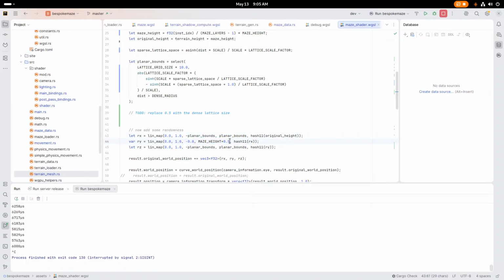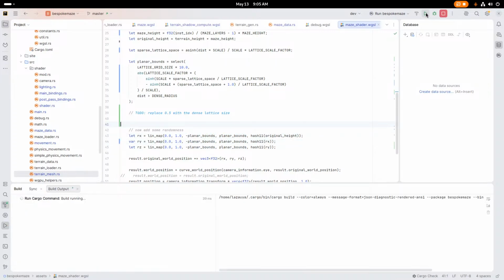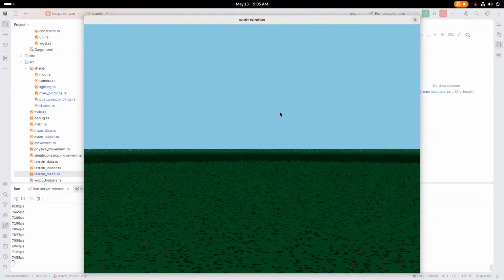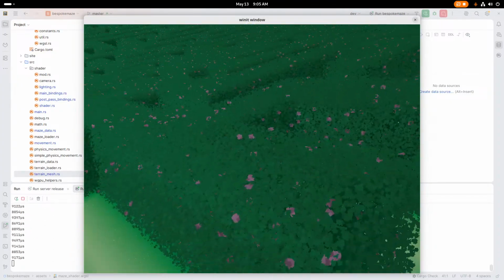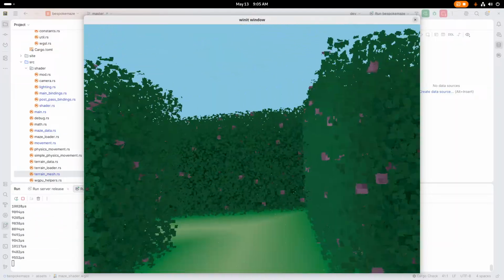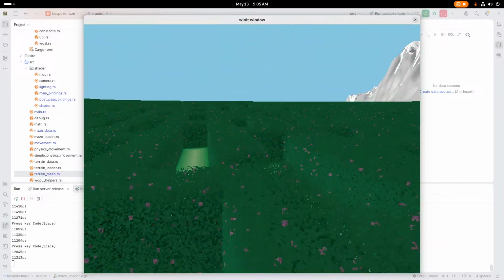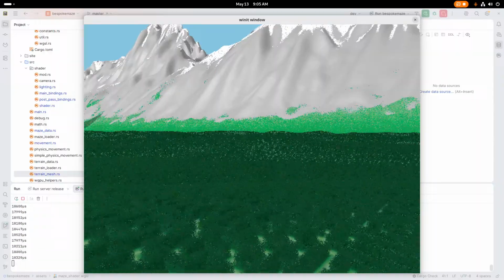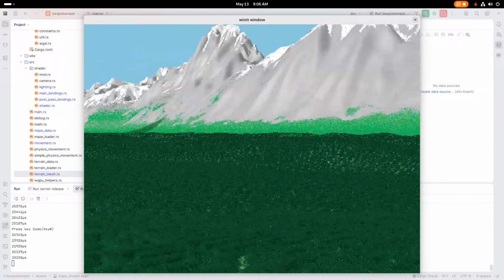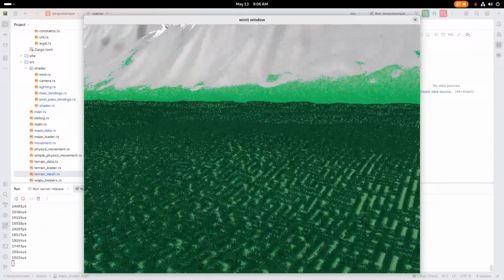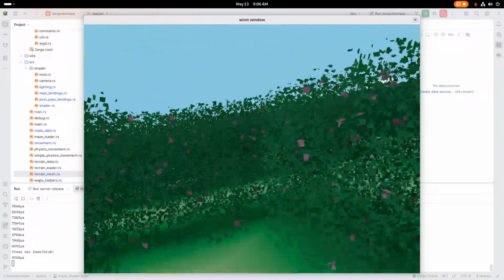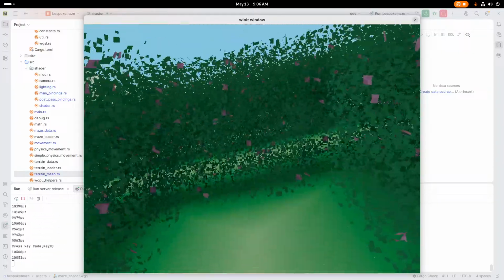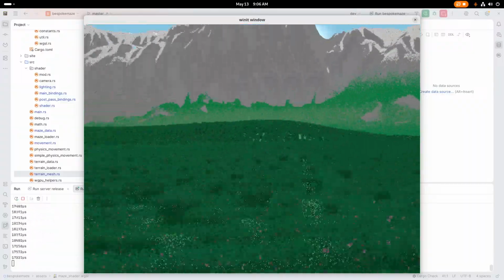What if they're all planar bounds? What happens? I mean, it's insane. Yeah, it's definitely fuller. It's definitely fuller.